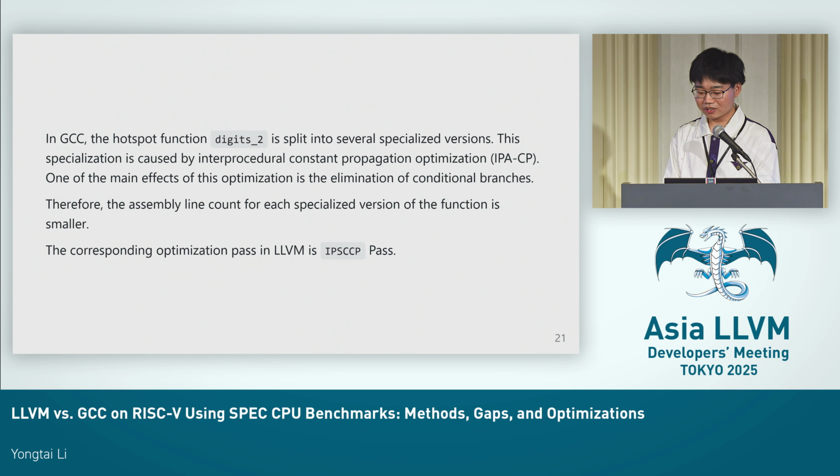A primary effect of this optimization is branch elimination, which directly contributes to the reduced static code. And the corresponding optimization pass in LLVM is the IPSCCP pass.